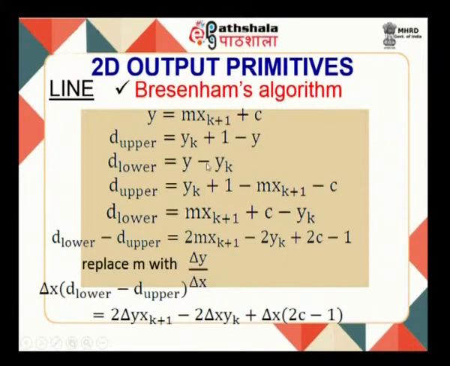Because it is yk plus 1 minus y, these two terms become minus, and d lower similarly is y minus yk. For y substitute this relation here above, which is m into xk plus 1 plus c. So, m into xk plus 1 plus c minus yk, and we are now taking the difference then to compare the d lower and the d upper.